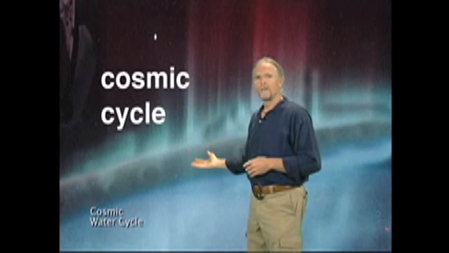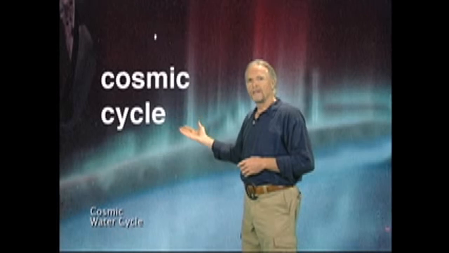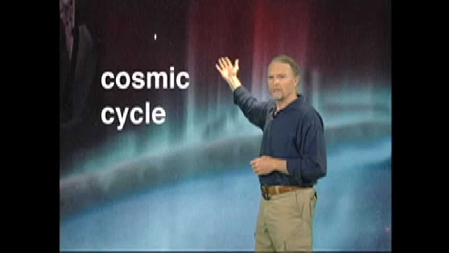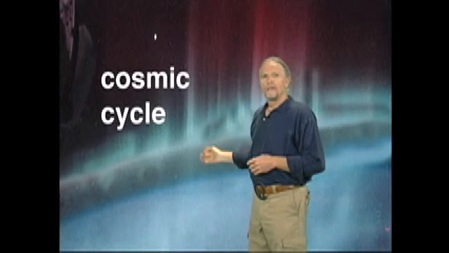So now, to wrap our minds around the entire cosmic cycle, not only do we have water coming to Earth from meteorites and comets, we also are losing water into outer space on a daily basis. Now, what happens is that water molecules, either through an uplifting from a volcano, convection along a mountain ridge, perhaps a hurricane or a tropical storm along the equator, we have very strong uplifting influences.